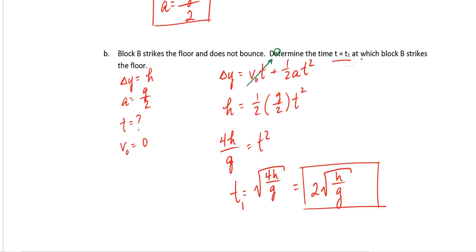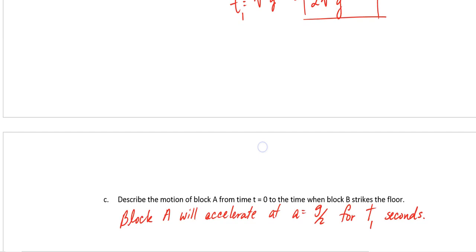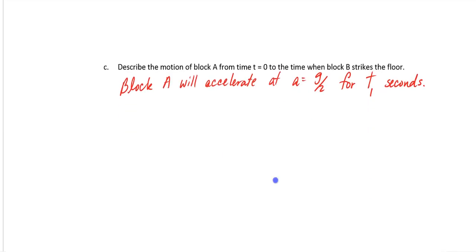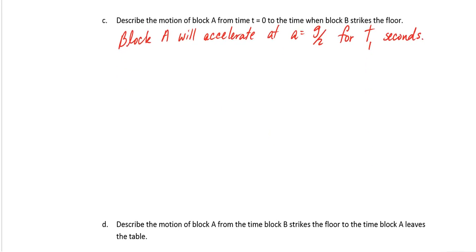T equals t1, where block B strikes the floor, right? Whatever that value is. And that's it. That's all you have to say. It's not doing anything else. It's moving to the right. I suppose you could say accelerate to the right in this diagram. The end. Okay. Don't say anything else, because that's all that's going on.